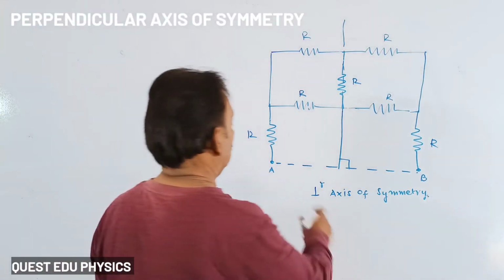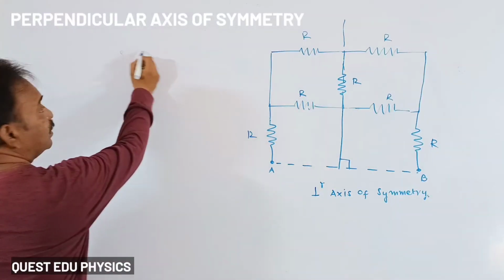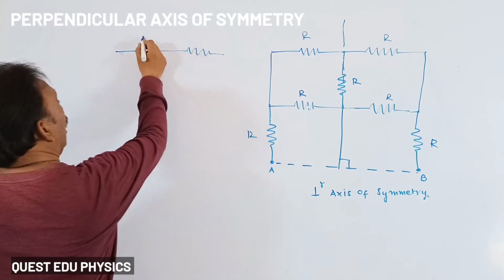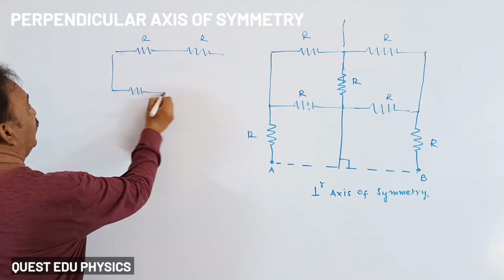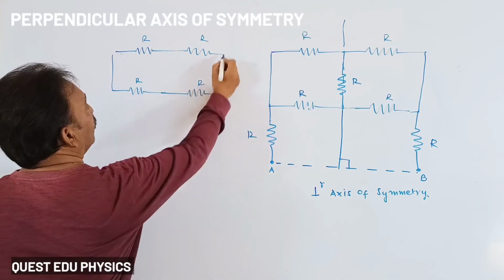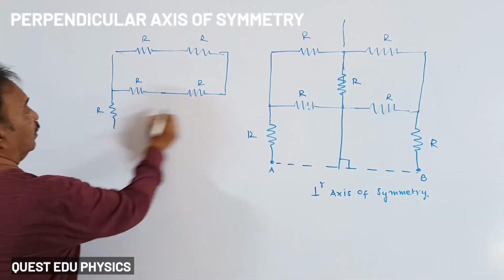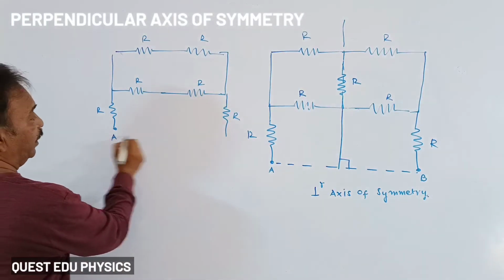Okay, students, here we have to remove this one. Then the equivalent circuit could be like this. It is R, it is R, and R, then we have one more R, and it is R, and it is R. These are the points A and B.